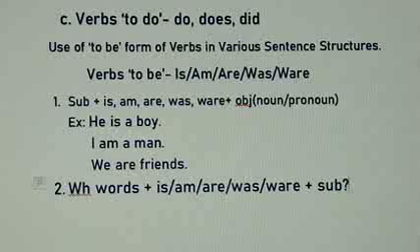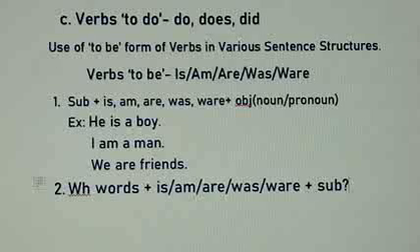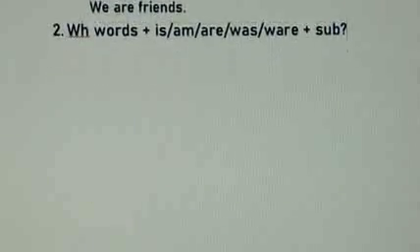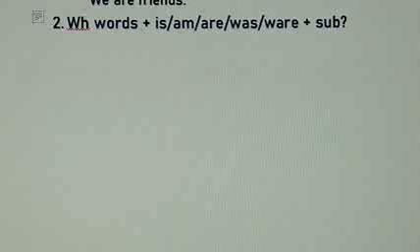Now let's see the example. But before the example, let me tell you one thing once again. You need not be confused about WH words. A WH word means that you can use what, who, where, all these kinds of words. Let's see the example first of all.